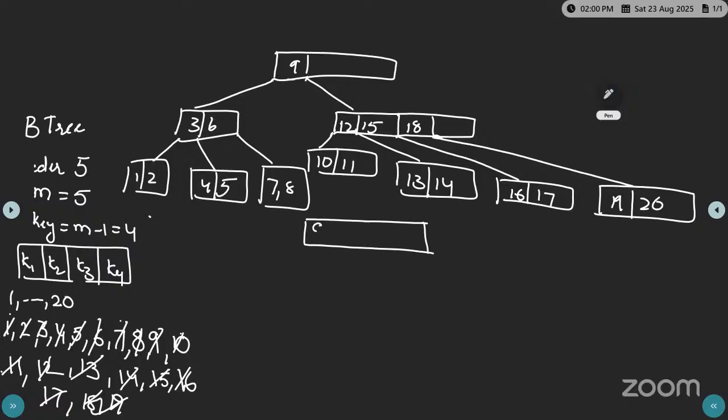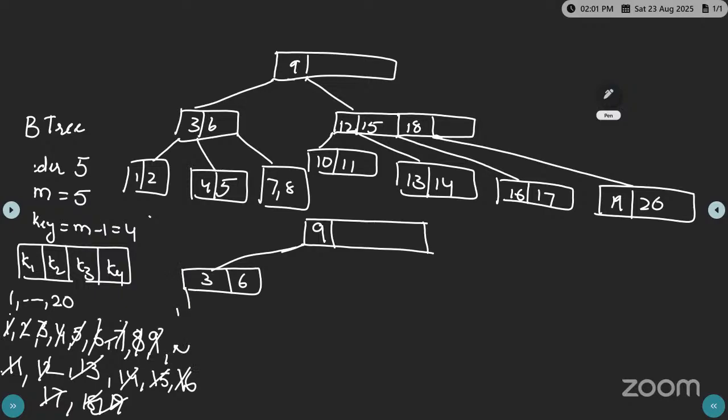First, you identify the root node, 9, having 3 spaces. Three, 6.